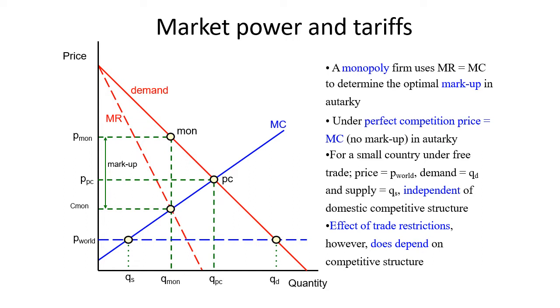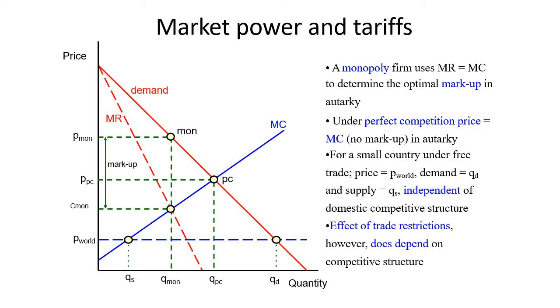So there is a clear difference between the price and the cost of the monopoly, and that is called your markup. Whenever you ask what markup is, markup is the difference between the price in the market and the marginal cost in the market, for whatever competitive structure we're dealing with. That's important to know.